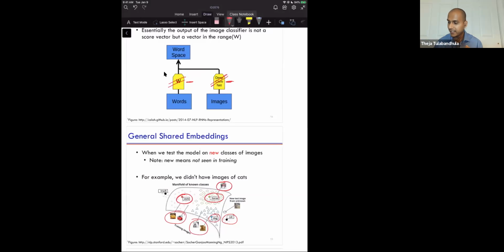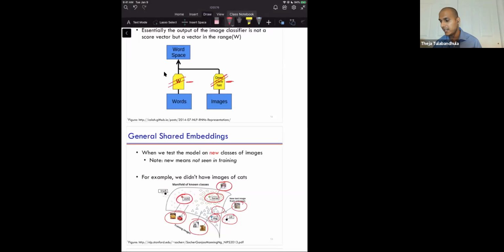Now, if you get an image of a cat that we did not train on, hopefully the image of the cat is close to the images of dogs in the embedding space, because there is some commonality in their features, and up to the final layers of your convolutional neural net architecture, they will probably share similar feature detection aspects.